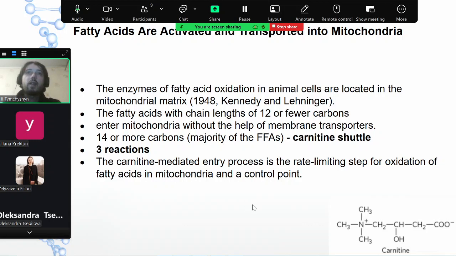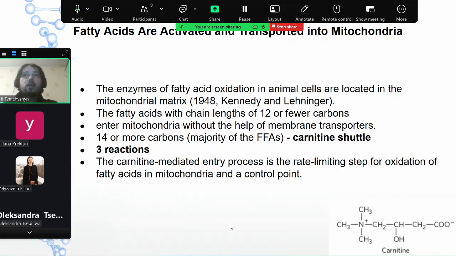Fatty acids with chain length of 12 or fewer carbons enter the mitochondria without the help of a membrane transporter, so they can just diffuse. If you have 14 or more carbons, that's the majority of fatty acids, so typical length is something like 16, they need some help.